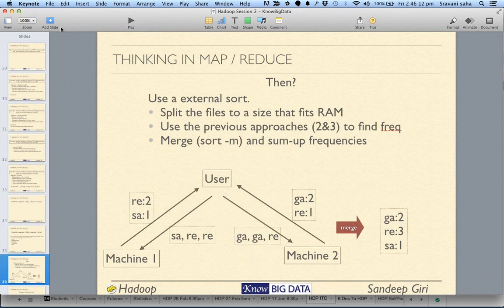If all the words which start with K or below go to the first machine, and all those words above K go to the second machine, then we divide while distributing the data itself. Then we don't have to sort the frequency table, because we can just concatenate the two and say, hey, this is your output. We don't have to merge the results from the two, because the words will be mutually exclusive.